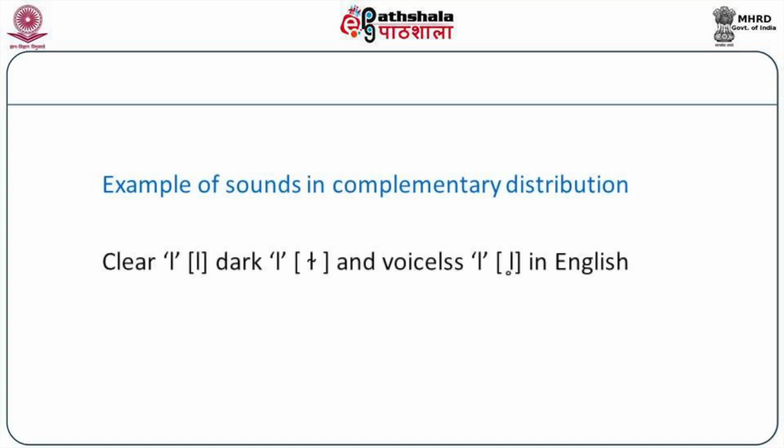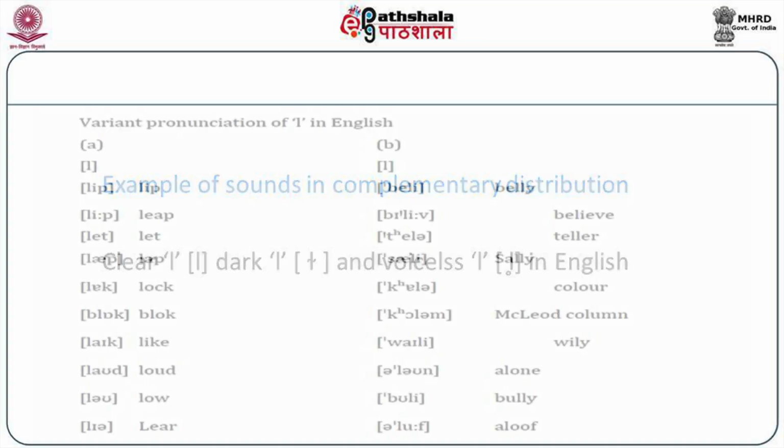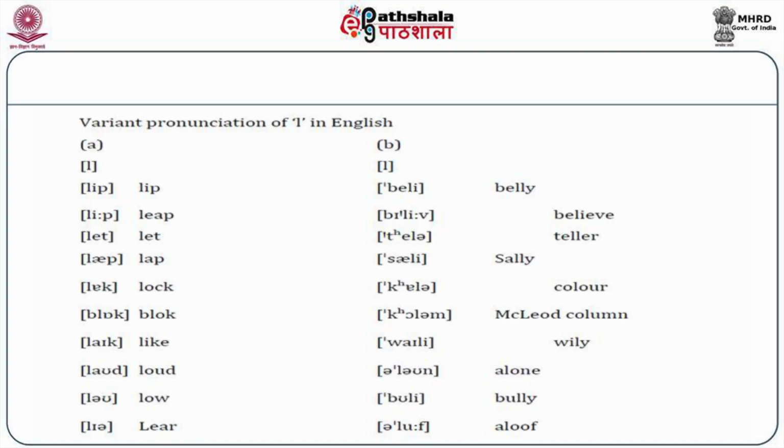One which is known as a clear L, given in columns A and B. The second, which is a voiceless L, is given in column C. And the third, called a dark L or a velarized L, is given in column D. Let us see how these sounds are in complementary distribution. Note the environments in which these sounds occur.